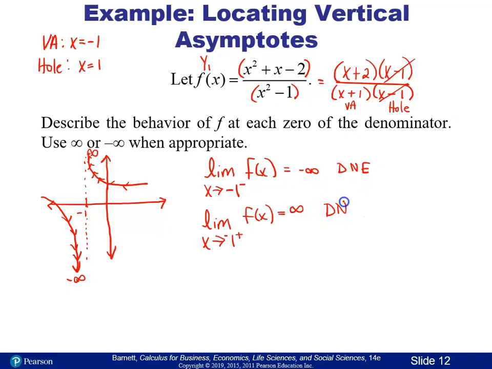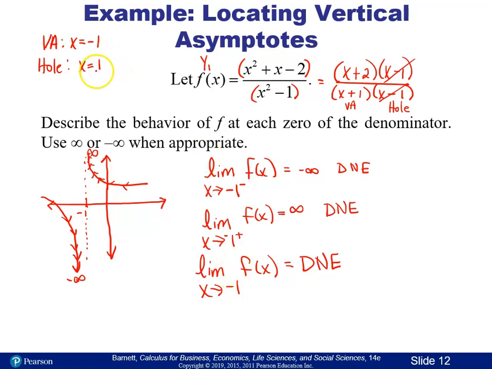That would again be another does not exist. So the overall limit as x goes to -1, looking at both sides, since these two don't equal each other, our only option is to put does not exist, because they're definitely not coming together for us. That takes care of -1.